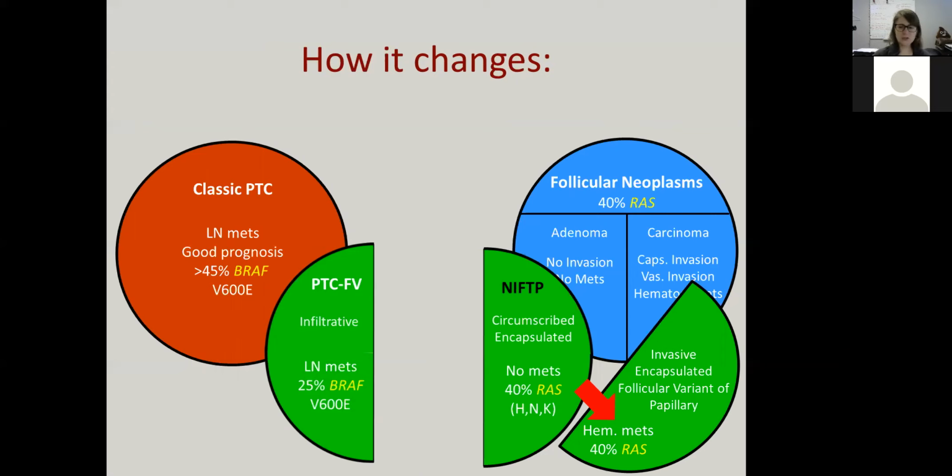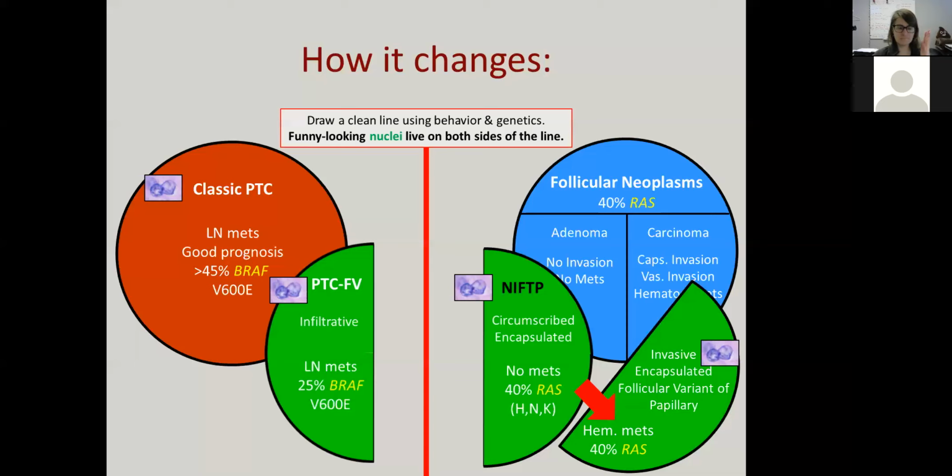I know the terminology is a little bit confusing, but I like to think about it as being that we can draw a very clean line with genetics, with the RAS-like and the BRAF V600E-like, even though these nuclear findings reside on both sides of that line. So I like to think about everything on the right of that line as essentially a follicular neoplasm that in its biology resembles a follicular adenoma and carcinoma.